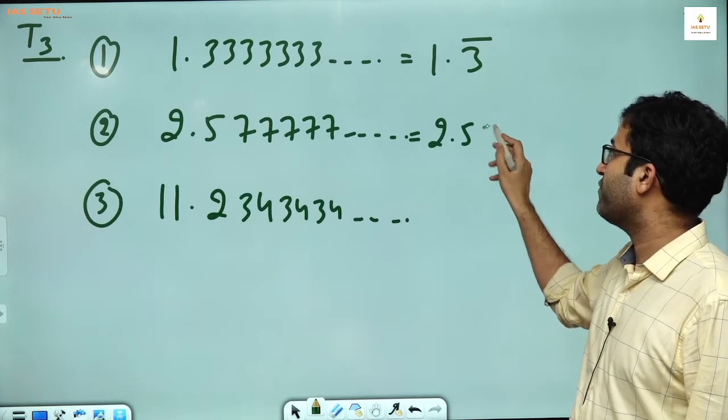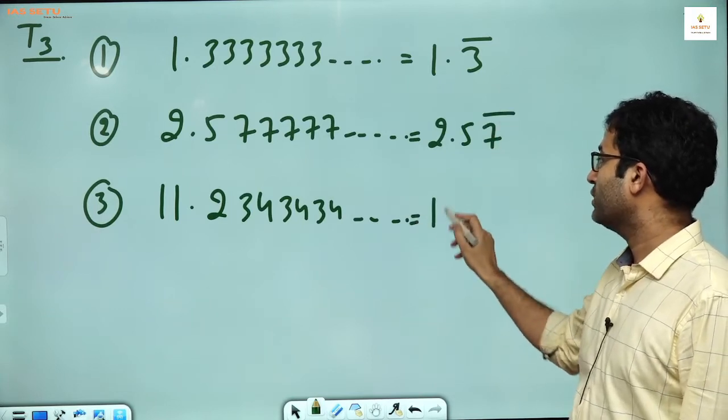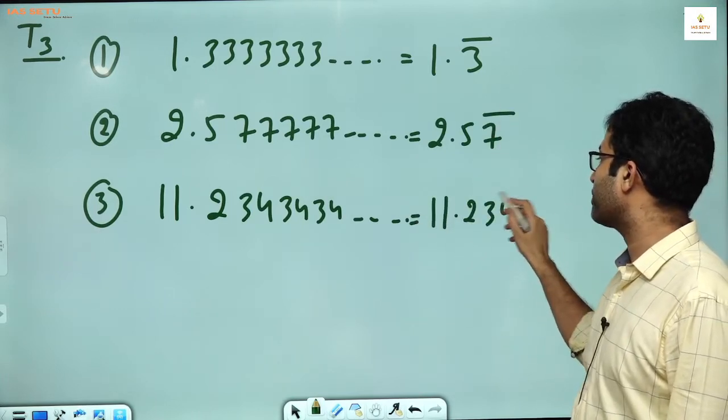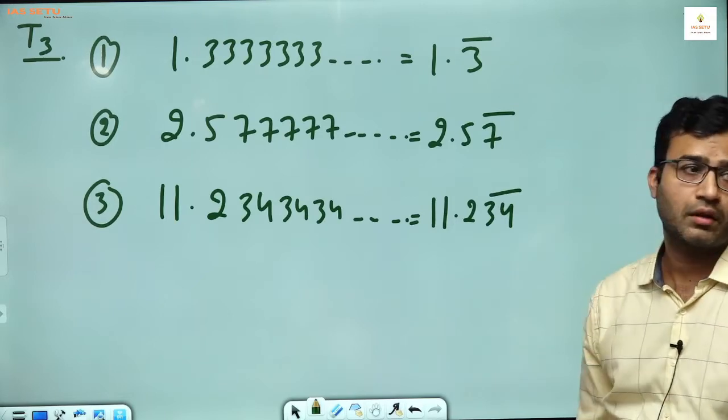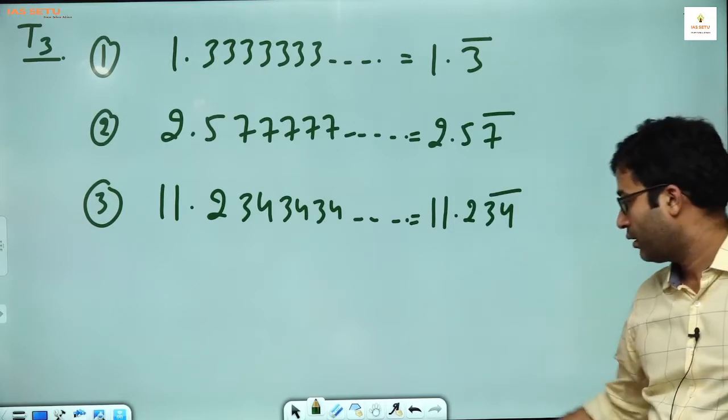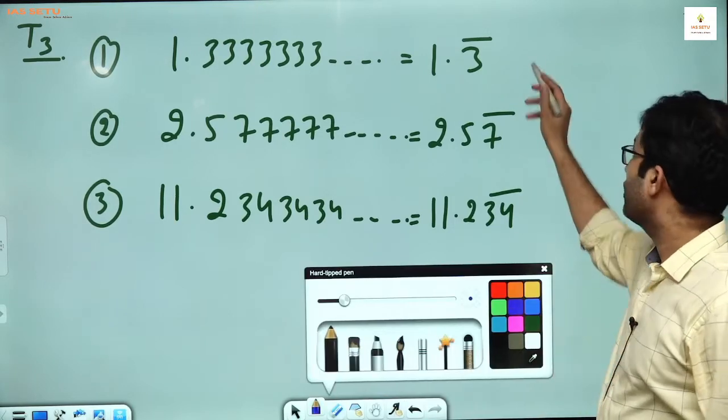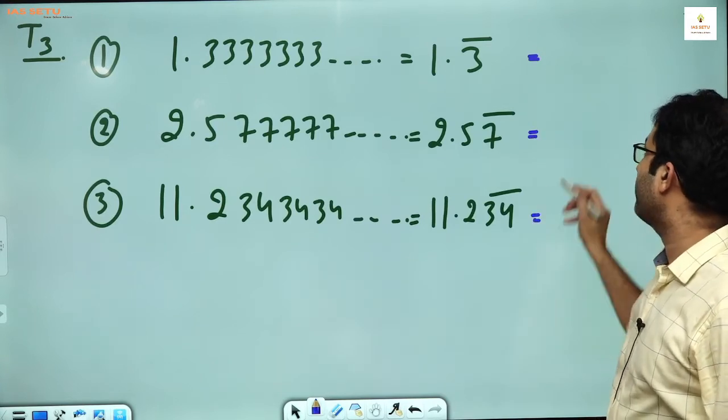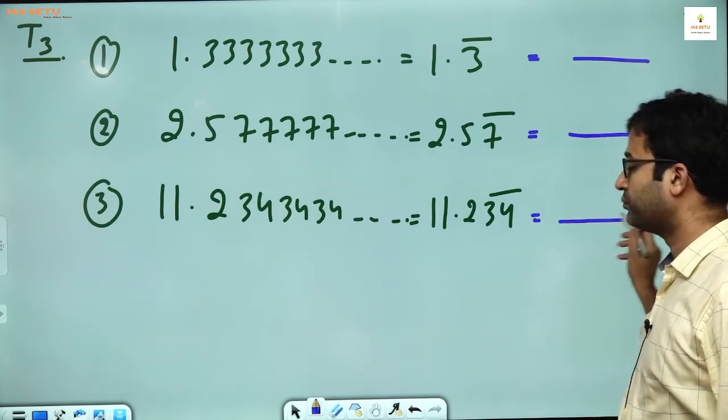This is 2.5 bar on 7. This is 11.2 bar on 3 4. Numerator, denominator, numerator, denominator, numerator, denominator.